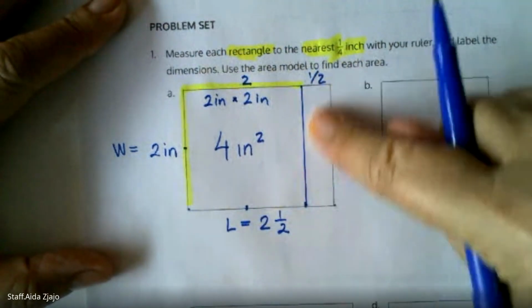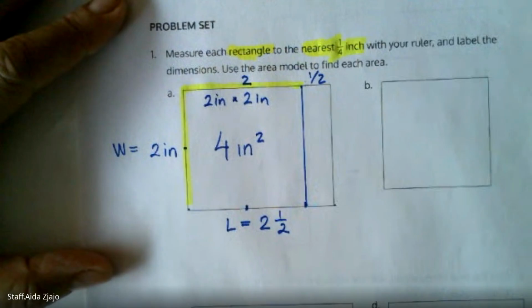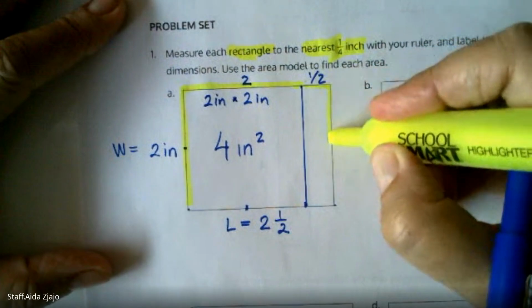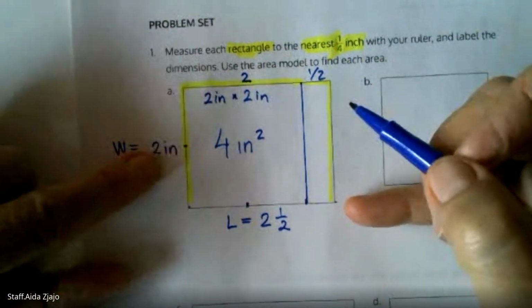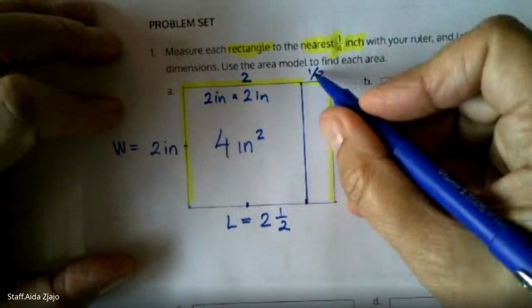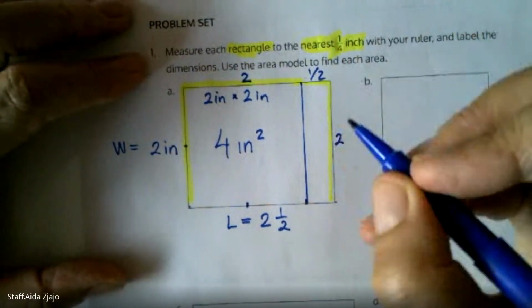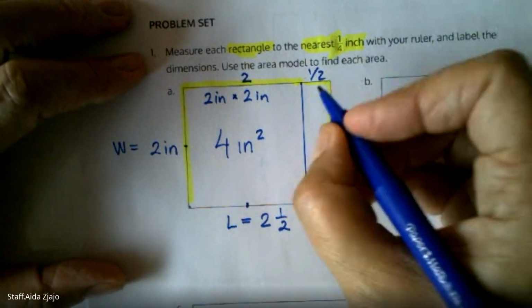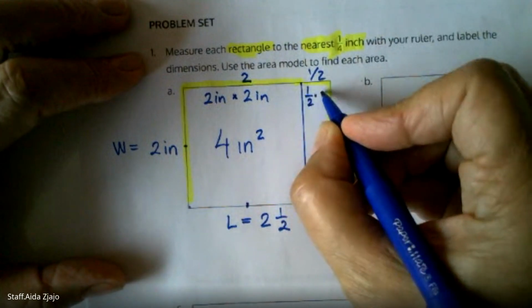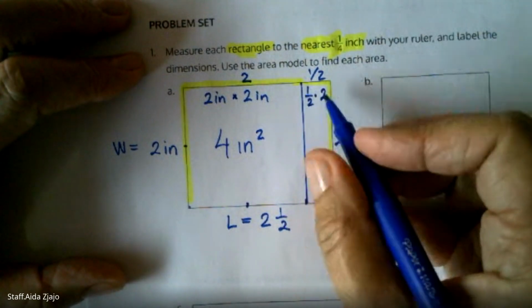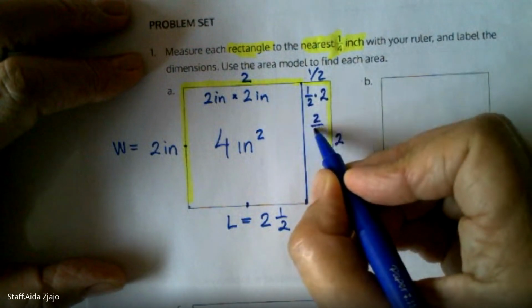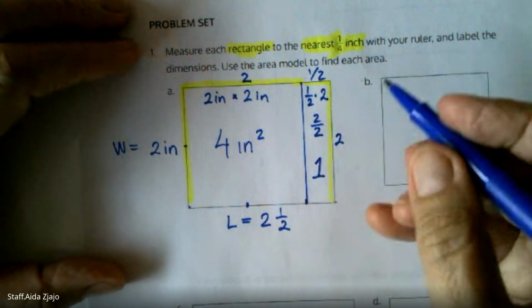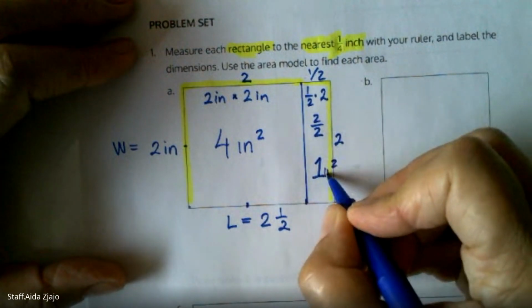Now this area here is 1/2 inch by 2 inches. 2 times 1/2 is 2 halves, which is a whole square inch.